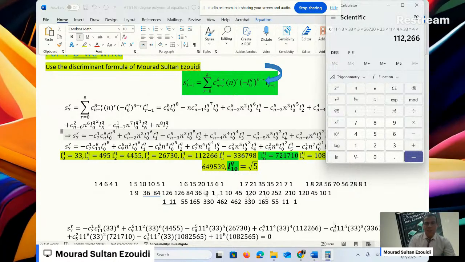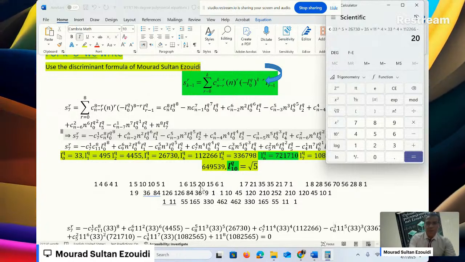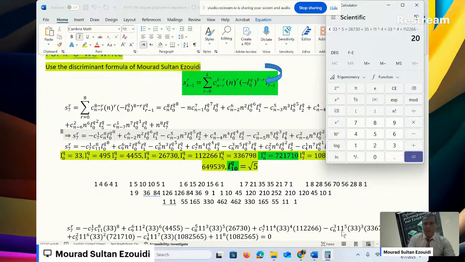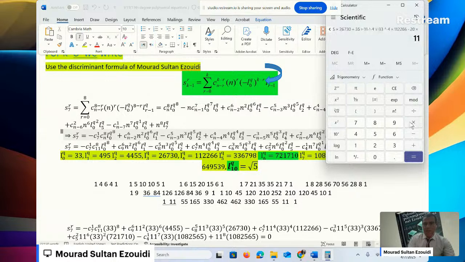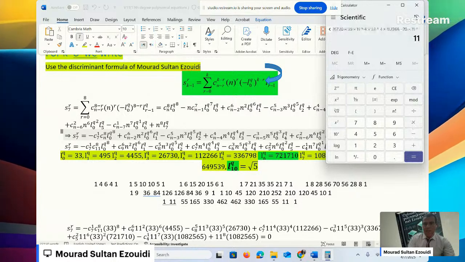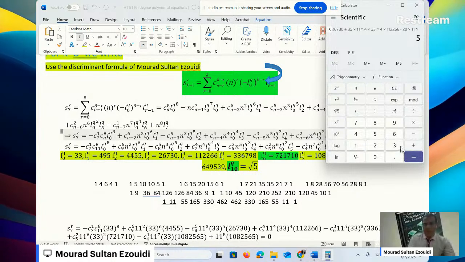Minus 6 to 3, which means minus 20, multiply by 11 raised to the power 5, multiply by 33.